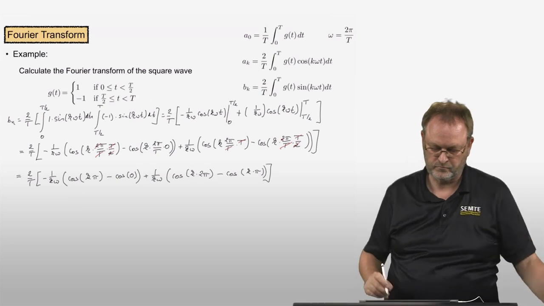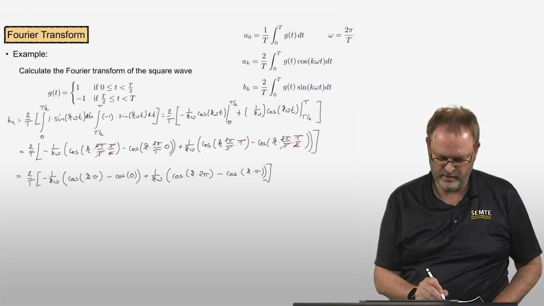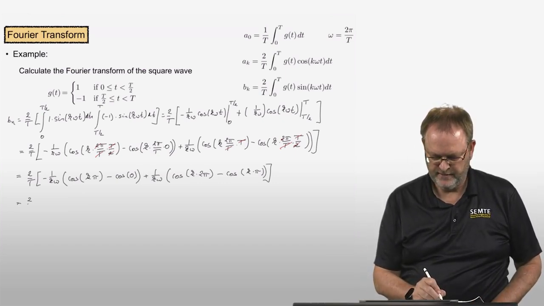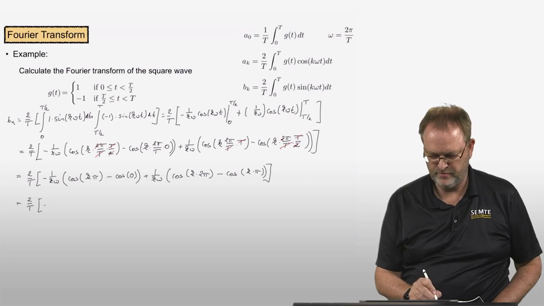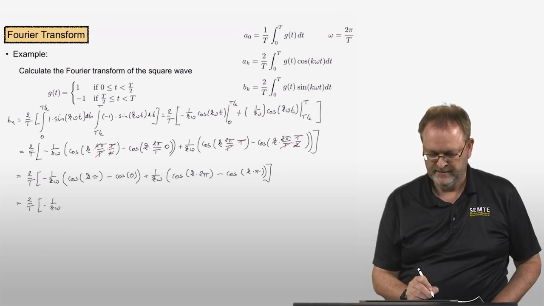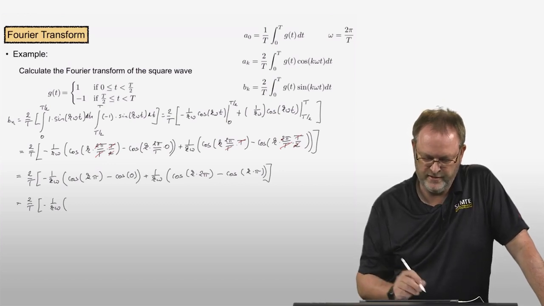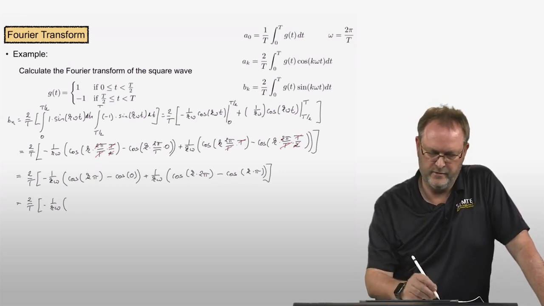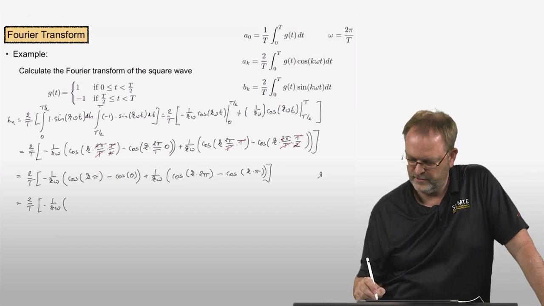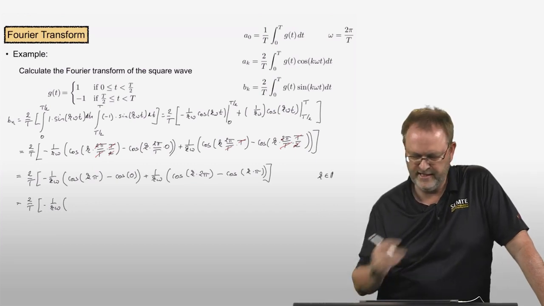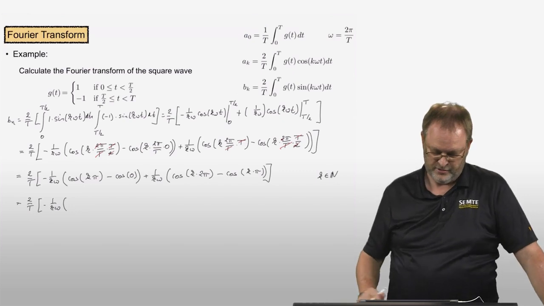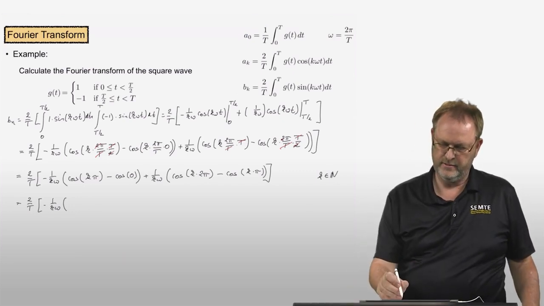Okay. So let's go through this one by one. So we have 2 divided by T times minus 1 over k omega times the cosine of k pi. Okay, so k, as a reminder, the wave number was a natural number. So let's go through this.